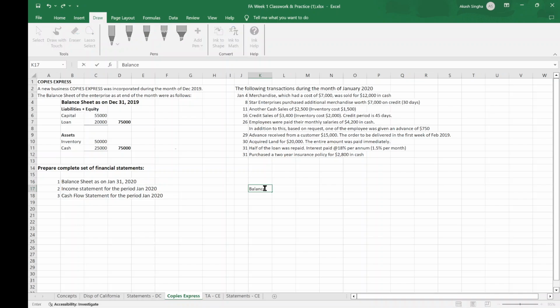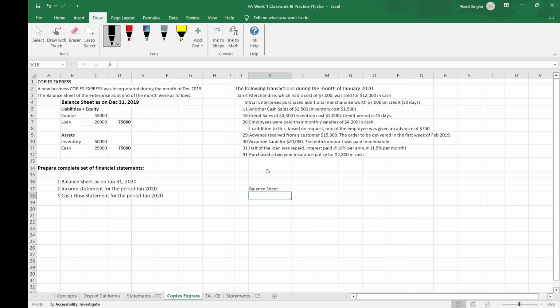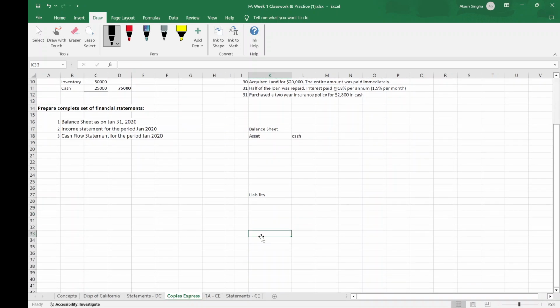So for the balance sheet, it should be like asset, then cash, then some other asset should be there. And from here, I guess I can write the liability, and some liabilities will go to the side. I write equity from here.